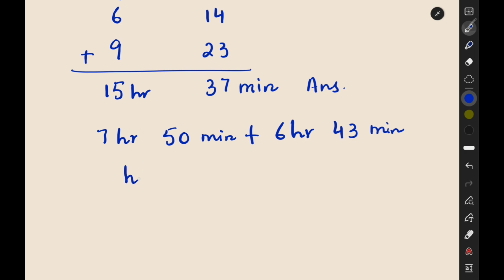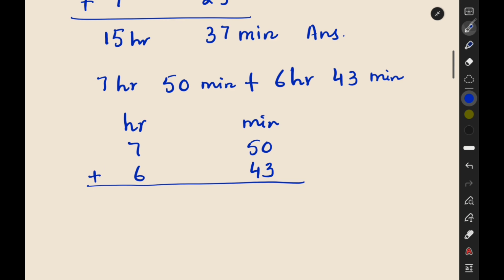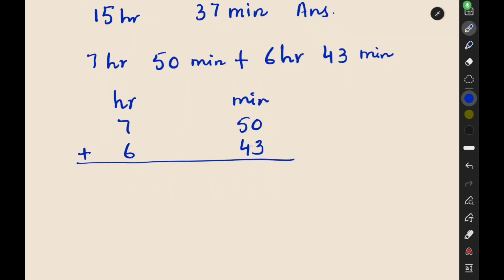Again we write their symbols, hours and minutes, 7 hours and 50 minutes, and then 6 hours 43 minutes. Here we add them together. Now first we add the minutes. 50 plus 43 will be 93 minutes.